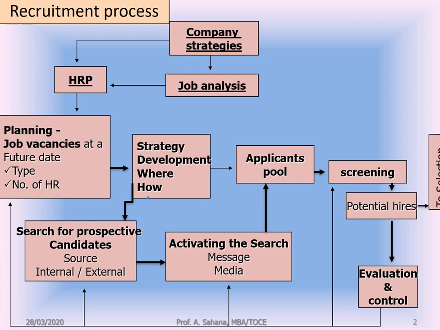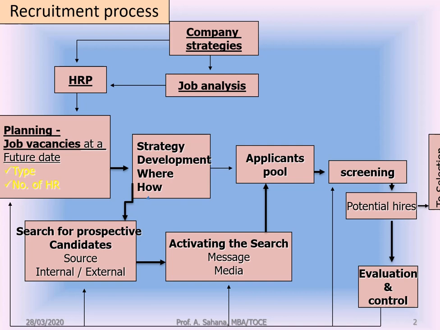Once these 3 are mapped, it facilitates the first step of the recruitment process, that is recruitment planning. Recruitment planning is a process of identifying and translating job vacancies at a future date in terms of type and number.